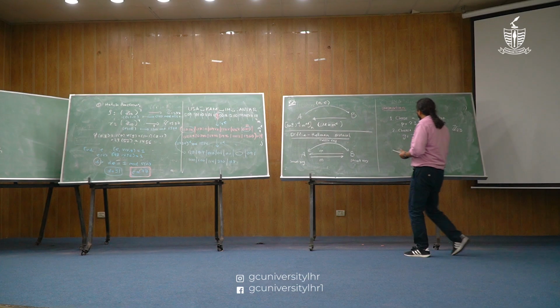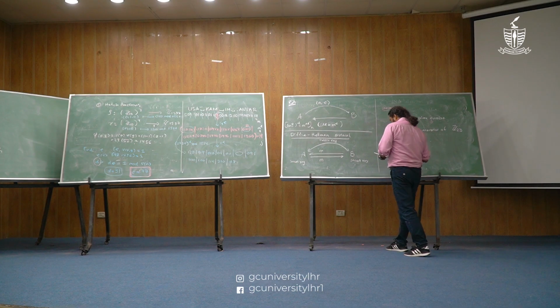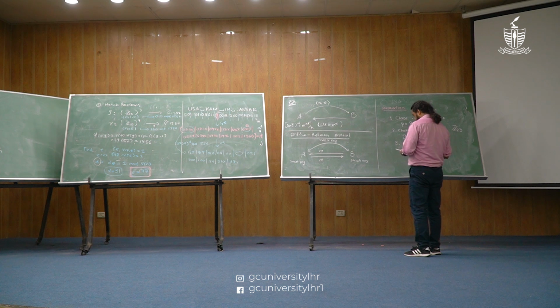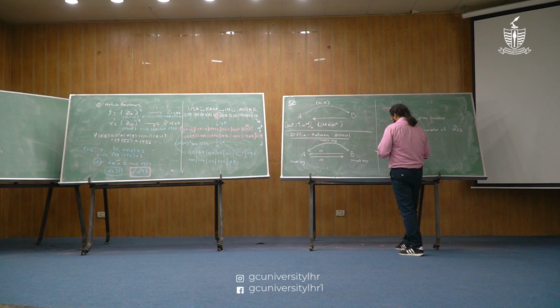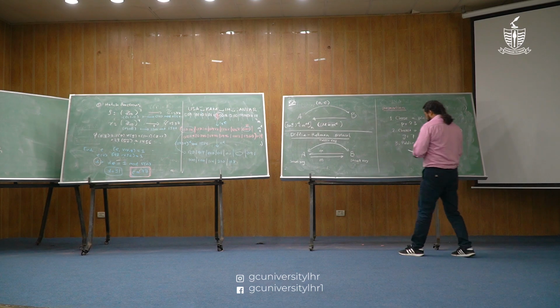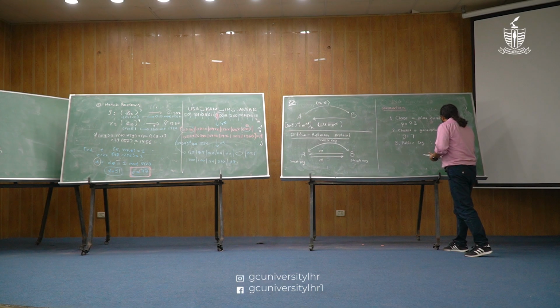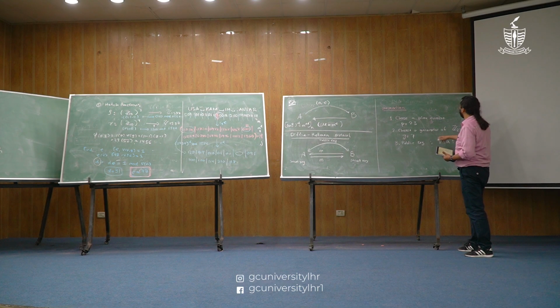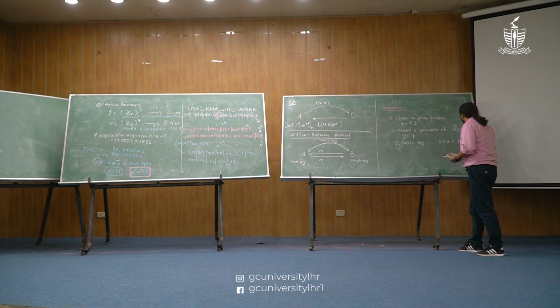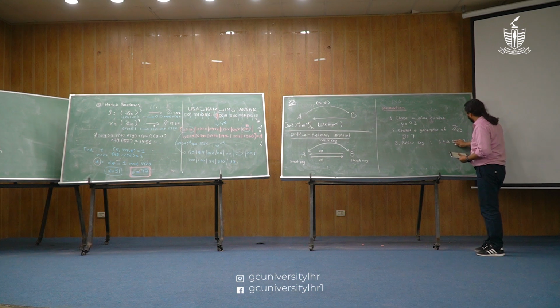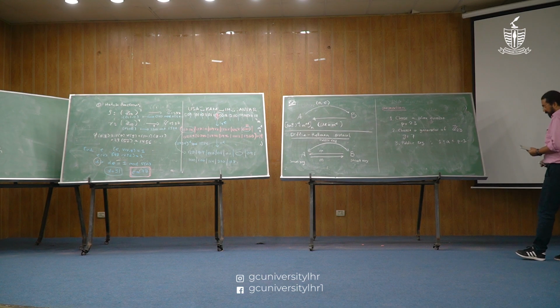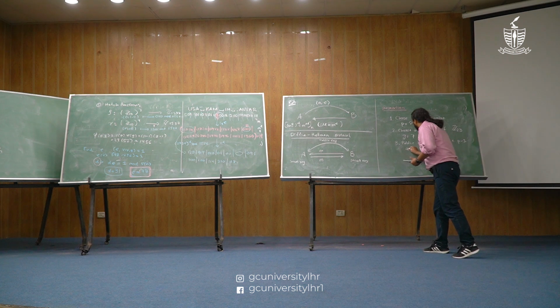And then to construct the public key, choose a number A between 1 and P minus 1, strictly less than P minus 1. So for example, let's say A equals 6.